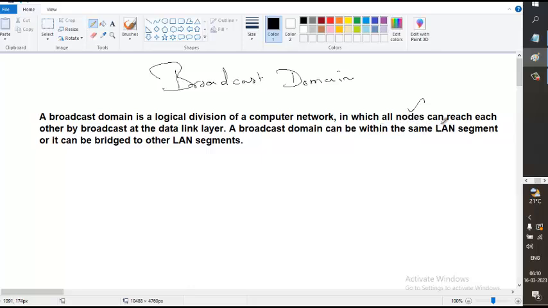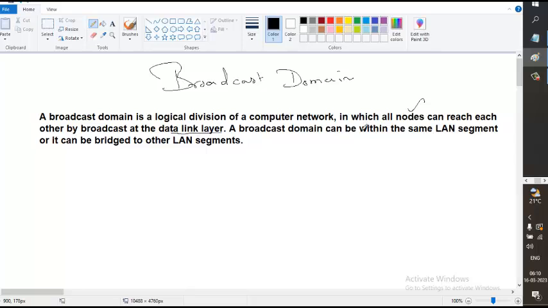The devices in the network, we call them nodes, in which all nodes can reach each other by broadcast at layer 2. That's why it is called the data link layer, layer 2. So layer 2 means MAC address.